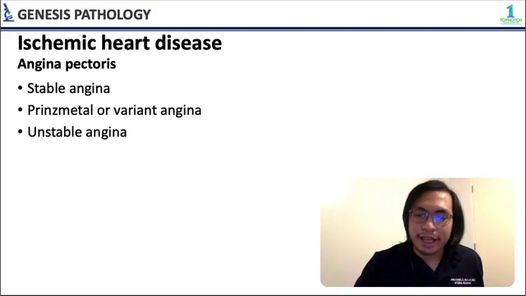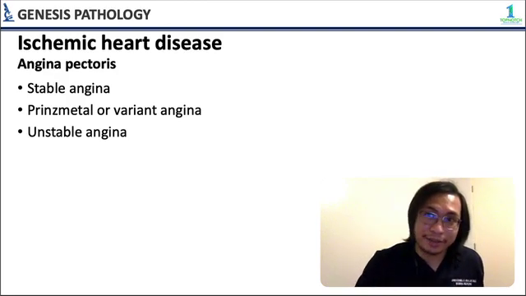Okay? ST elevations. Pero, pag nahuli natin na nagko-constrict, habang na-ECG mo siya, yung coronary arteries mo. So, when we diagnose your Prinzmetal or variant angina, angiography talaga. Tapos kailangan mahuhuli mo na nagko-constrict yung coronary arteries mo.